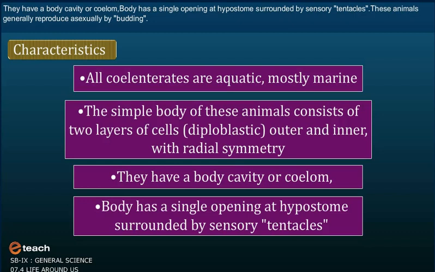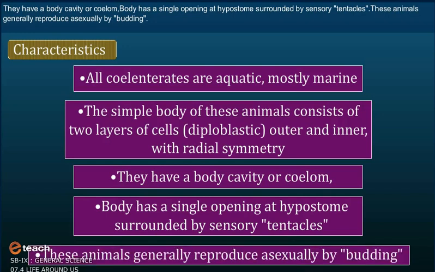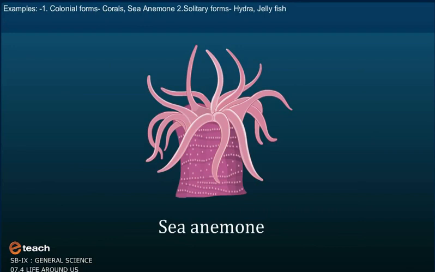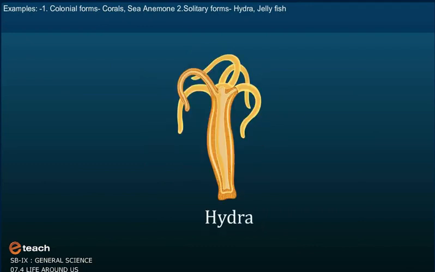Body has a single opening at hypostome surrounded by sensory tentacles. These animals generally reproduce asexually by budding. Examples: 1. Colonial forms, corals, sea anemone. 2. Solitary forms, hydra, jellyfish.